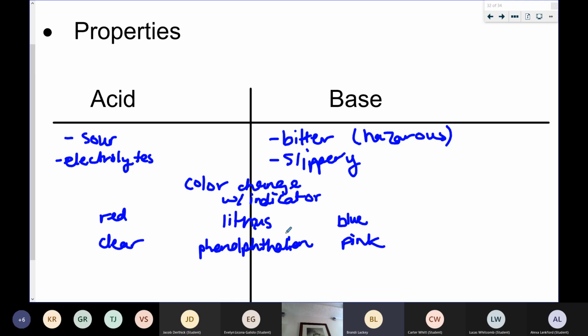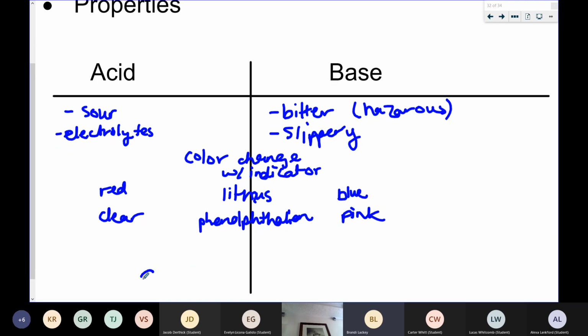We also talked about with these, anytime you mix an acid plus a base together, it's always going to produce some form of salt and water.